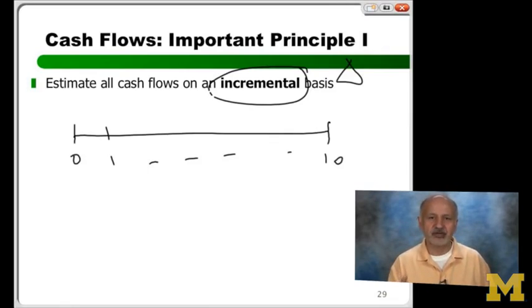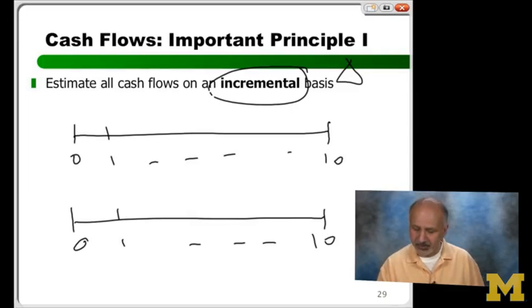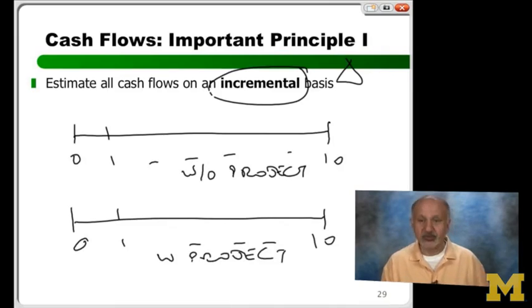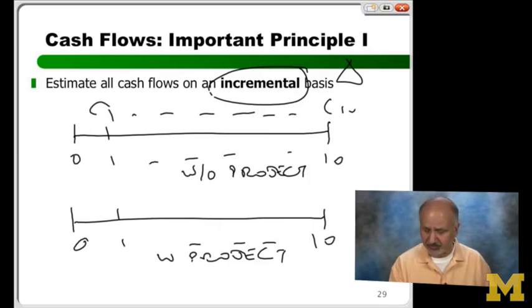For every project, draw 2 timelines, identical in length. One should be without project, and one should be with project. So think of the company without the project. What would happen? You would have some C1 through C10, right?